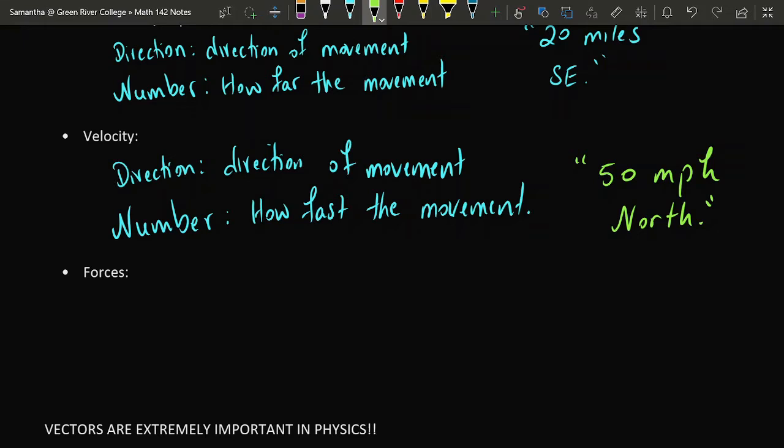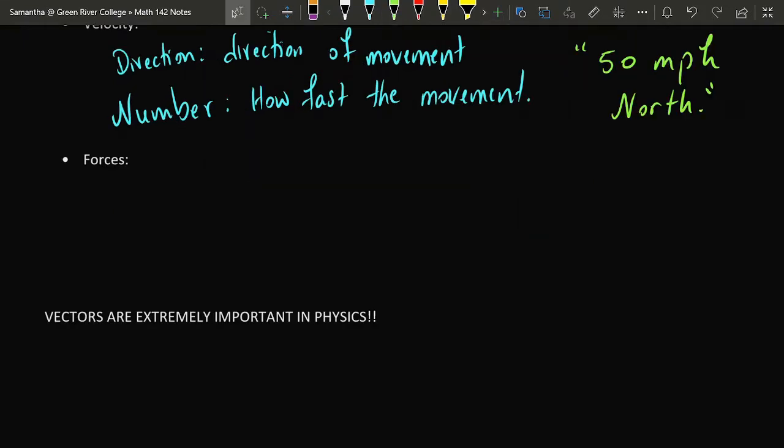The third quantity that is more correctly expressed using vectors would be forces. In this case, the direction would tell you the direction in which the force is being applied.